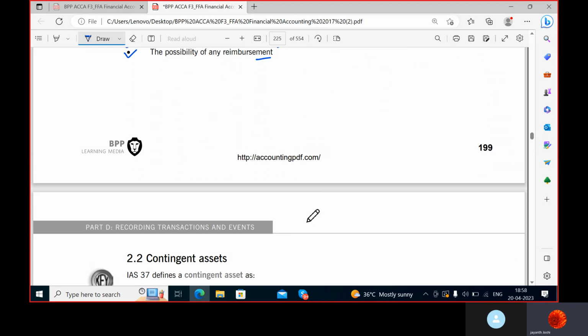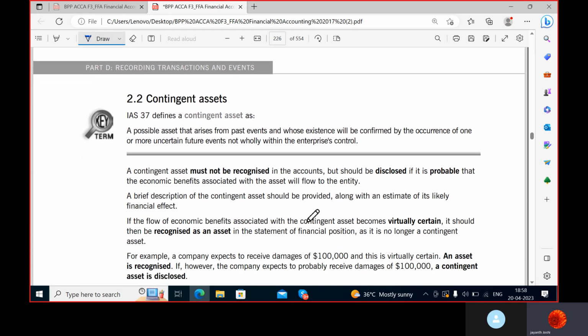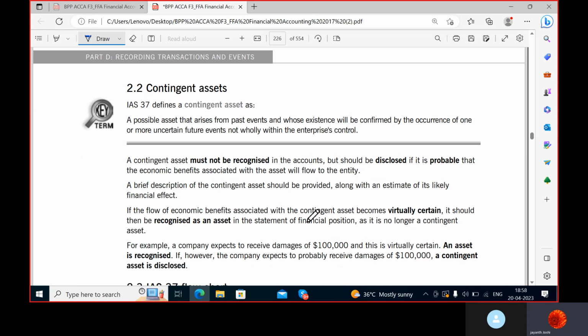So one more thing we have to discuss, that is contingent asset. Same as contingent liability, but here when we say asset, that means the company is going to have a benefit. Asset is a kind of benefit for the company. So a possible asset that arises from a past event and whose existence will be confirmed by the occurrence of one or more uncertain future events, not wholly within the enterprise's control.